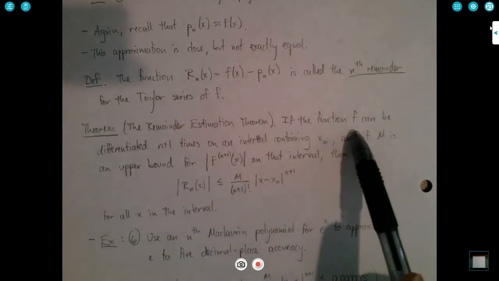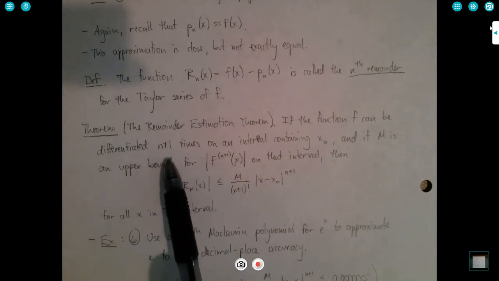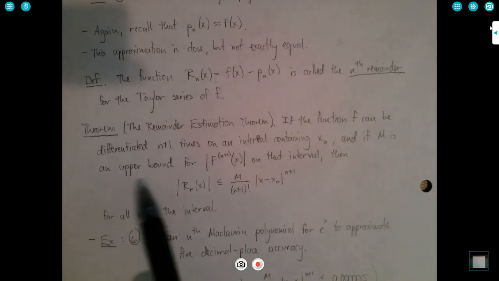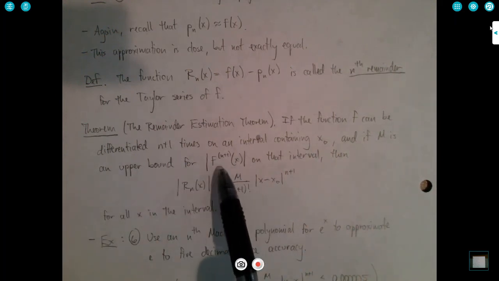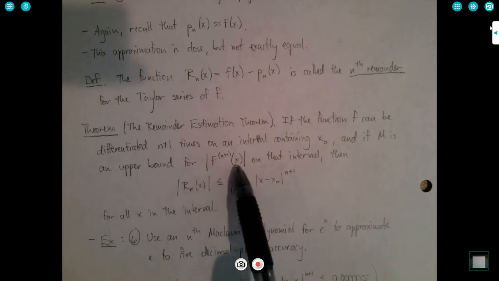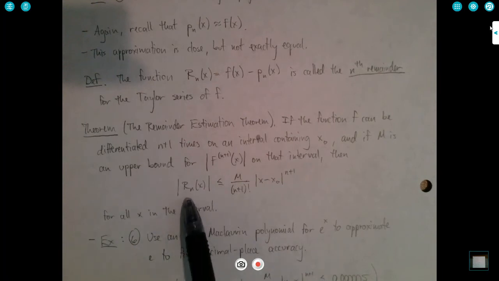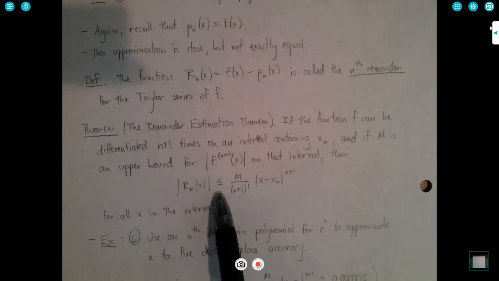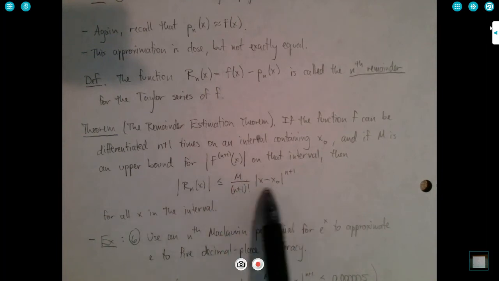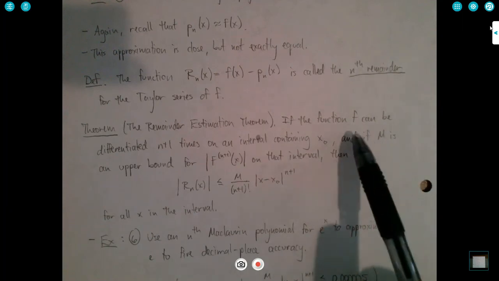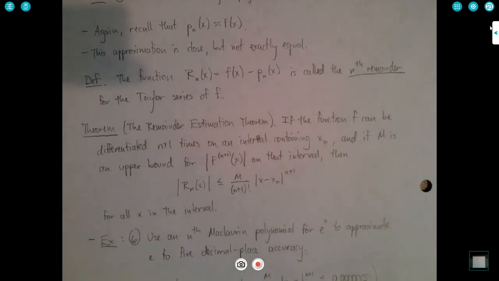It says if the function f can be differentiated n plus 1 times on an interval containing x naught, and if M is an upper bound for the absolute value of the n plus first derivative evaluated at x on that interval, then the absolute value of the remainder is less than or equal to M over n plus 1 factorial times the absolute value of x minus x naught to the n plus 1, for every x in the interval that we're using the Taylor polynomial for.